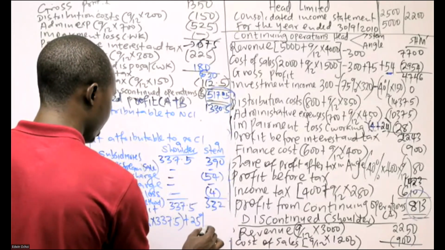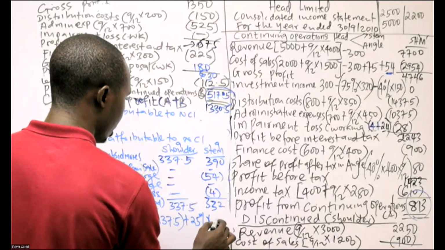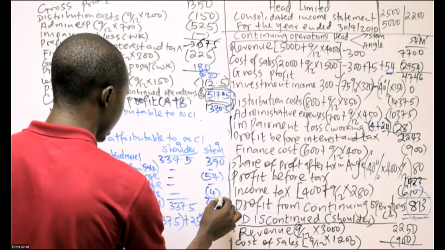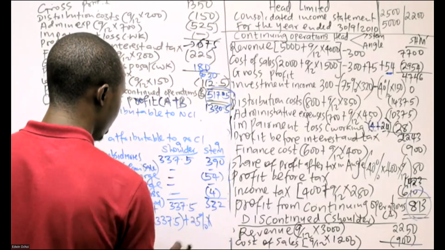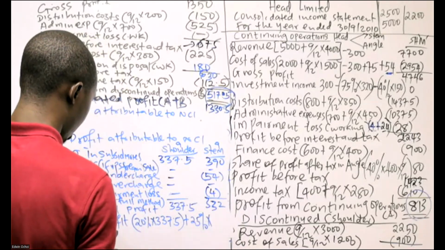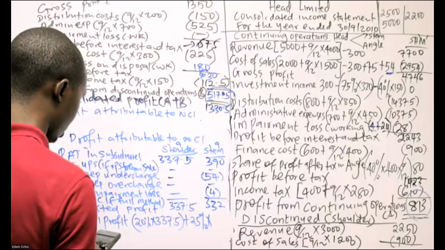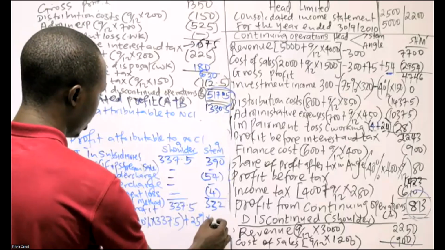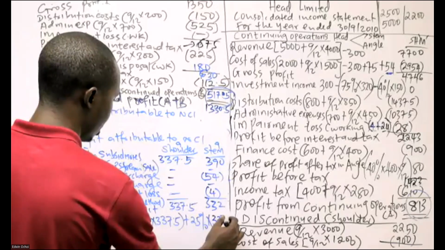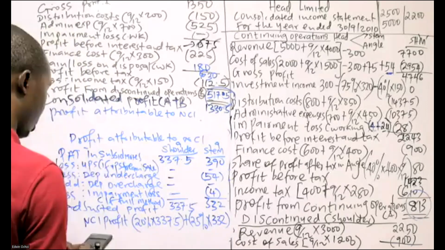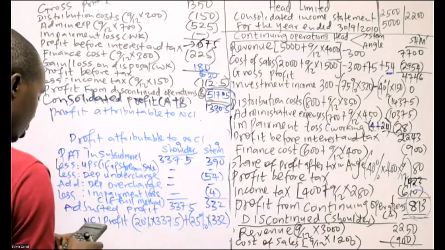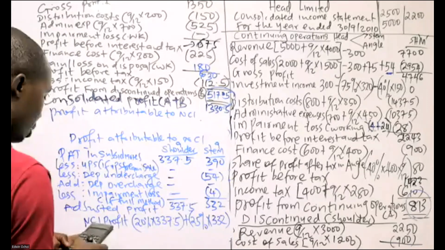It's 302, not 332. Sorry. This is 302. 390 minus 54 minus 4, 332. It's 332. Maureen, confirm again.